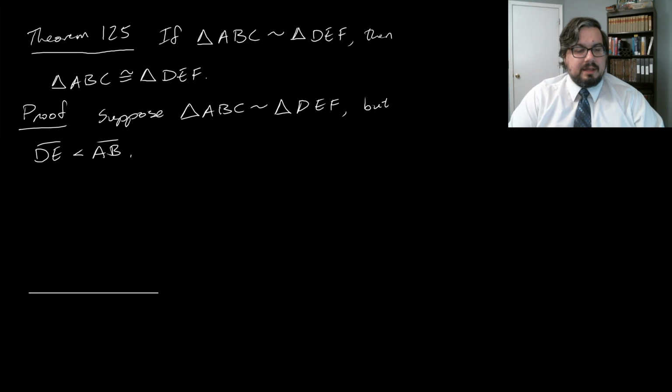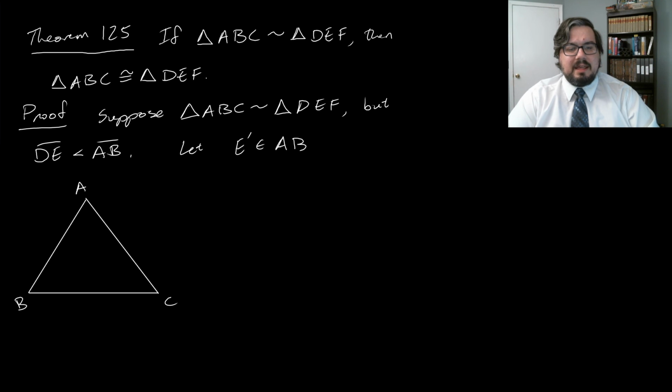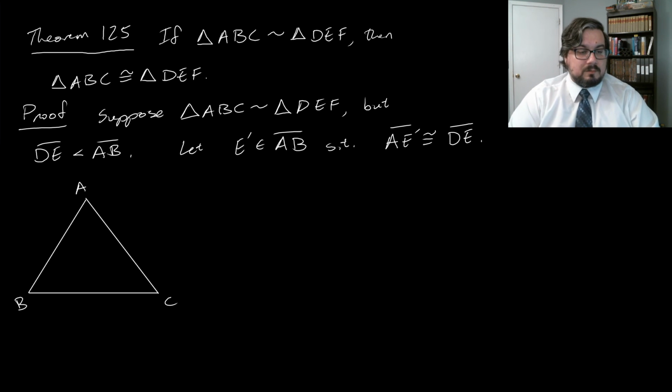Let's draw a triangle here, A, B, C. So now let's let E prime be in the segment AB such that AE prime is congruent to DE.